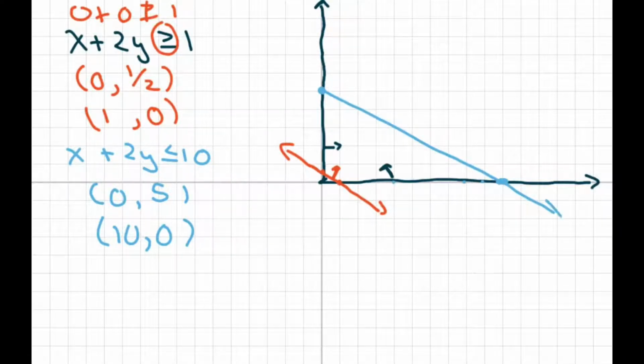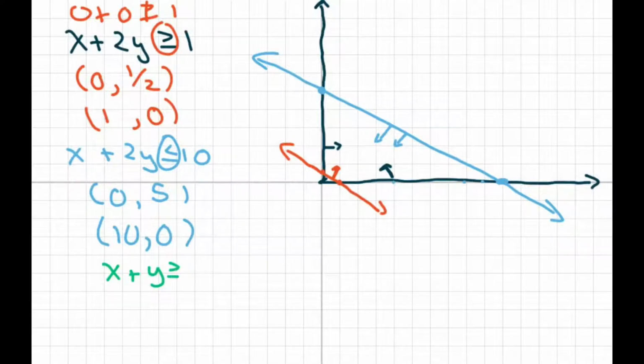Connect those two. It's a solid line because it has the equal. That means you're graphing downward and leftward, while we're still going to be shading in quadrant 1 because of the first equations.